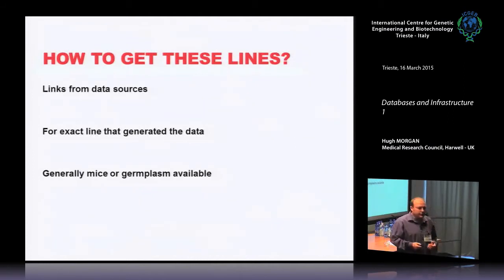I will mention, as well as generating a vast amount of data, this project is generating the lines. All the lines that are generated as part of IMPC are available for people to purchase, generally at very reasonable prices. And there are various ways to get access to these lines with mousephenotype.org and other such resources.